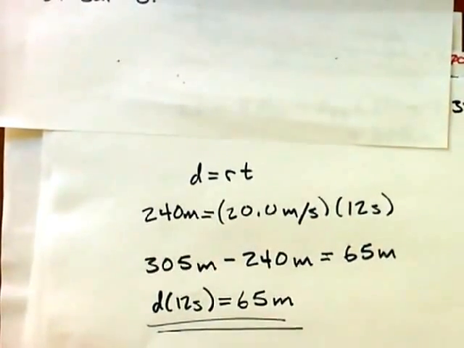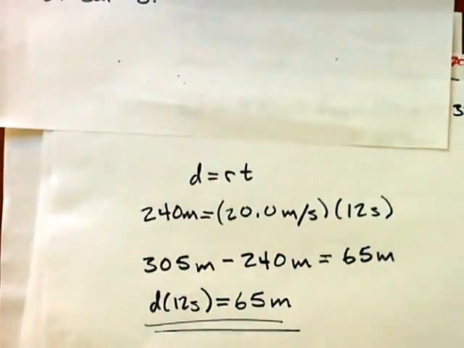So now that we have that number, we can go ahead and use our equation of motion with constant acceleration. I used the one that didn't have the terminal velocity because we don't need that. We don't have to find it.